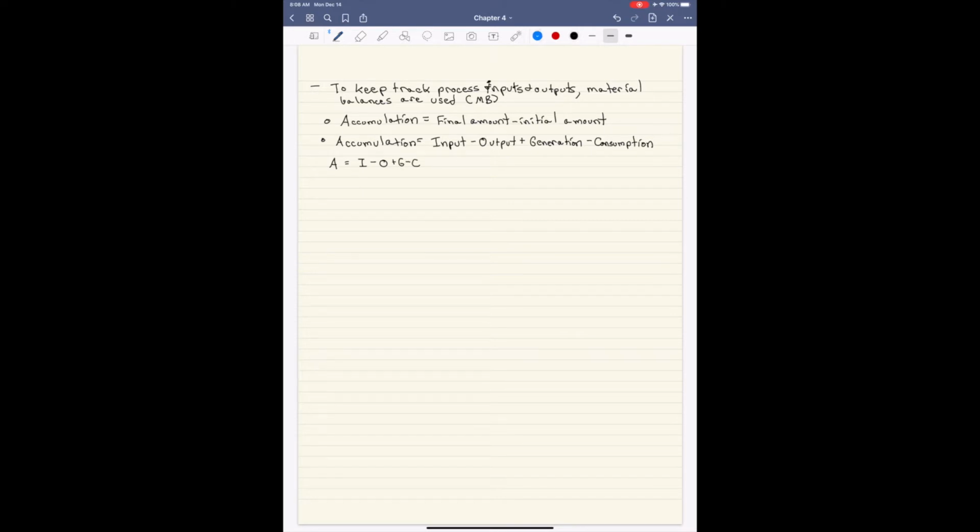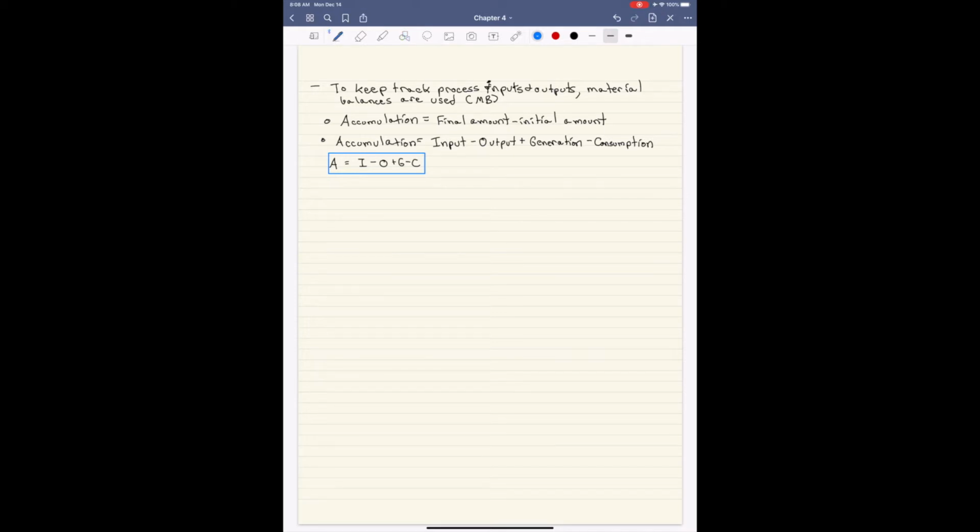All right? And so what I wrote here is perhaps not only a fundamental equation in this course, but a fundamental equation in all of chemical and biomedical engineering. Basically, everything you're going to do in your coursework from now on, throughout the rest of your undergraduate career, and even into your professional career, is just going to rely on this simple equation, the material balance equation.